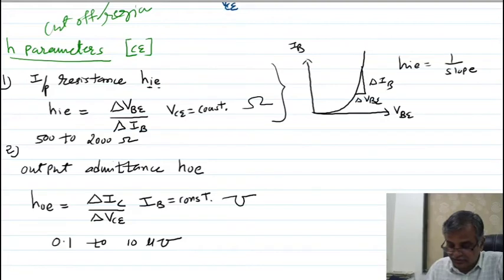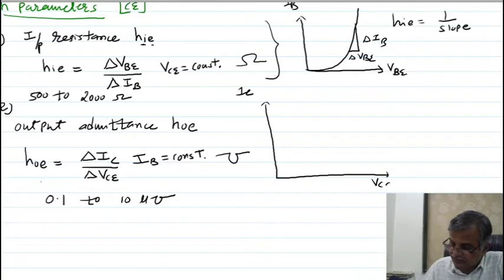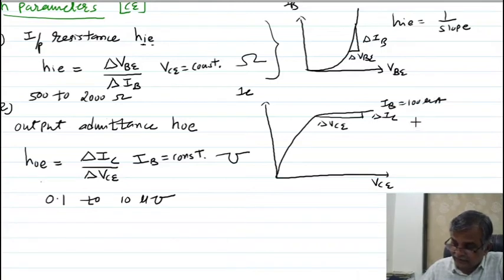Here, if you want to find the output admittance, I have to plot the graph of IC versus VC. This is your graph. If I find this, then slope is equal to delta IC upon delta VC.